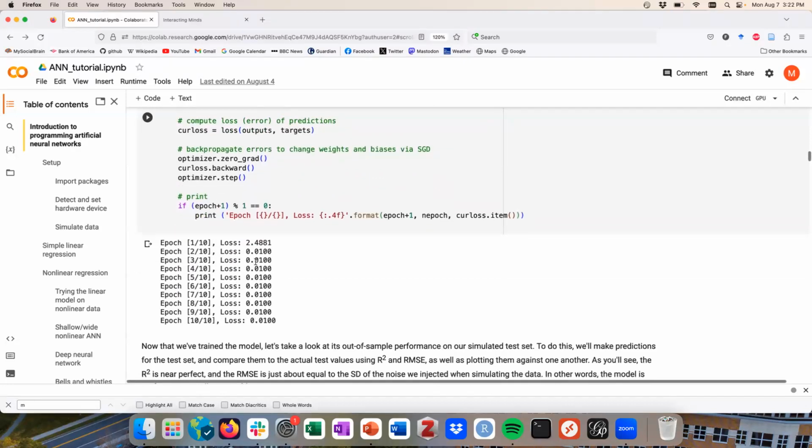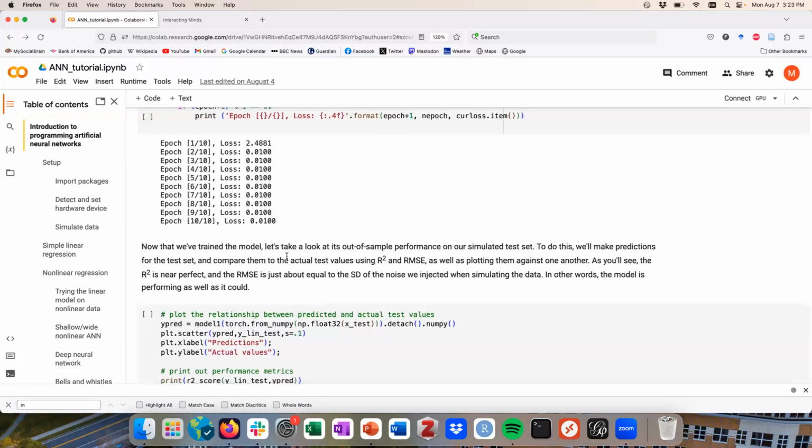If you print it out yourself, you'll see something similar to this, where it starts with a relatively high loss, and then again, because this is such a simple problem, it gets that loss down to 0.01 very quickly. Now, usually when you're training a deep net, as we'll see, it takes a lot longer to get to an optimal loss, and there are ways to determine how many epochs you need rather than just fixing it to a set integer like this.